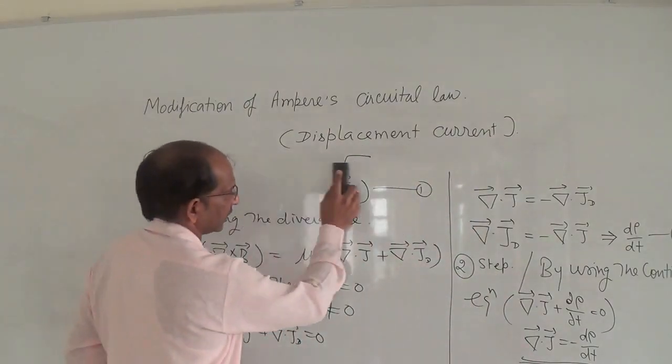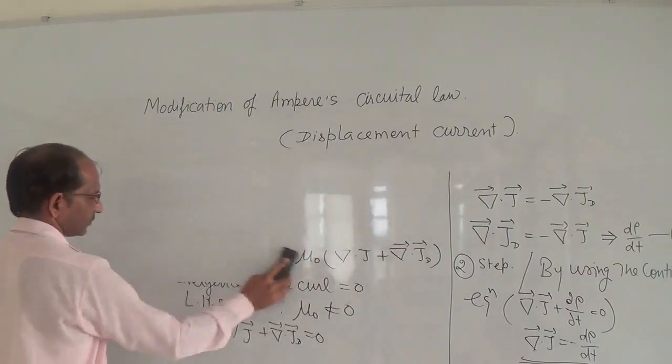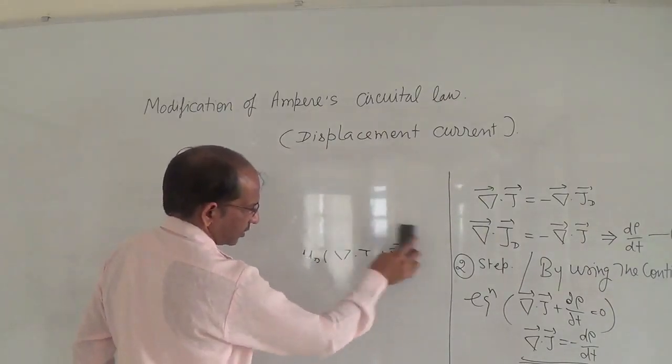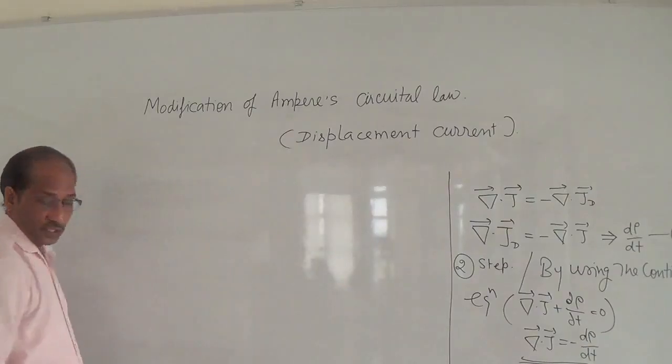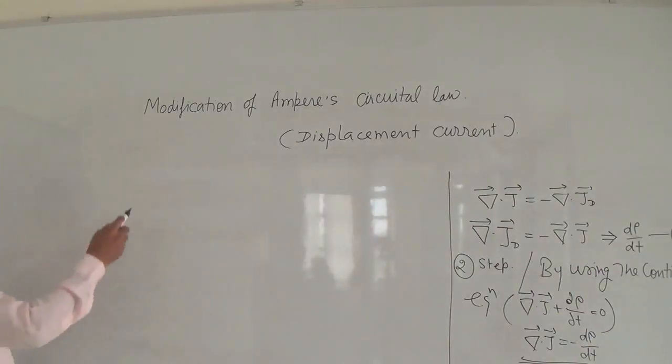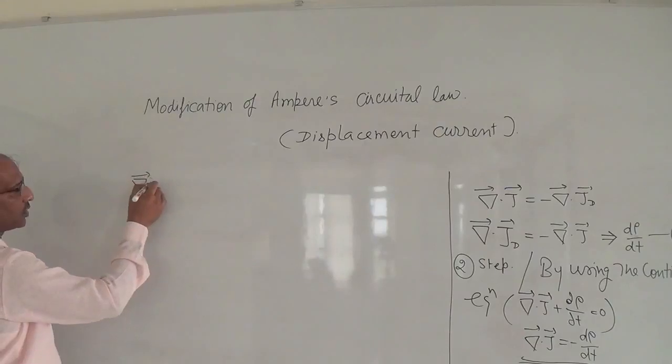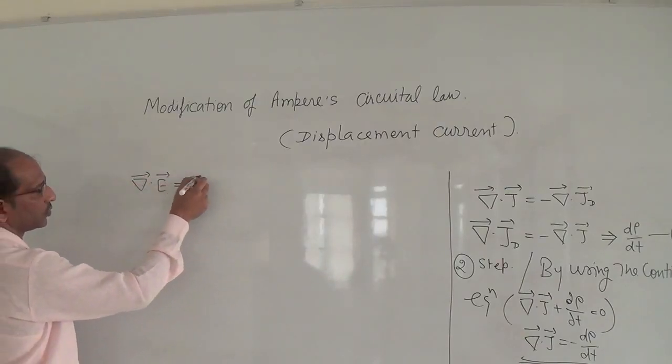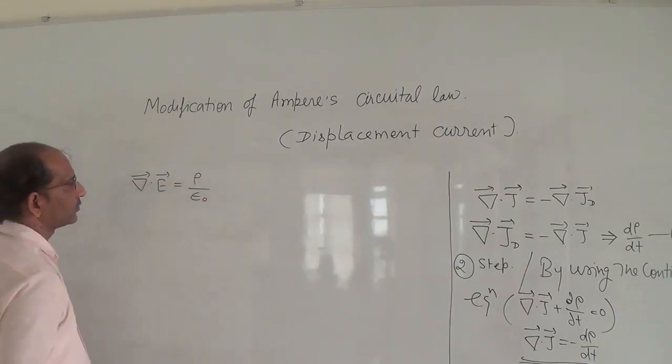So now in the third step, I have to use the Maxwell equation: del dot E is equal to rho upon epsilon naught.